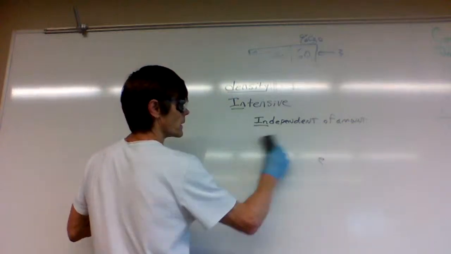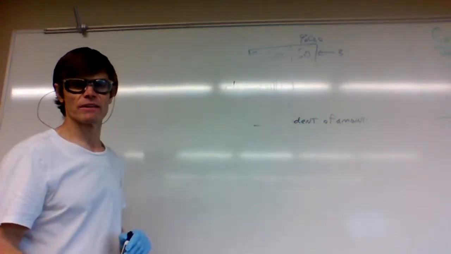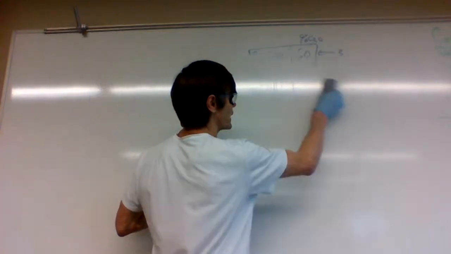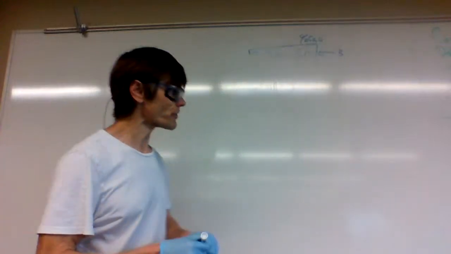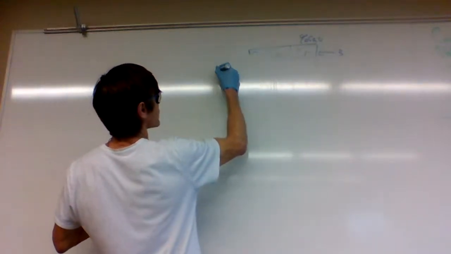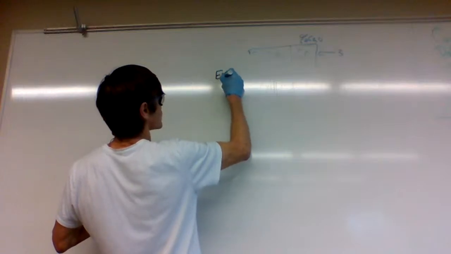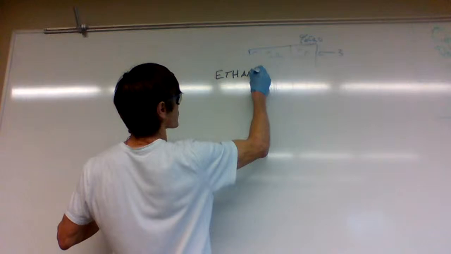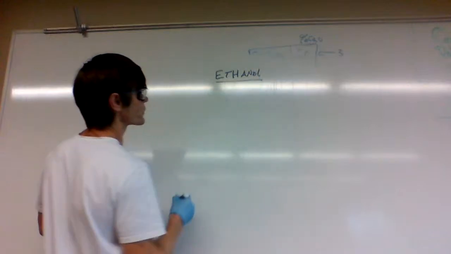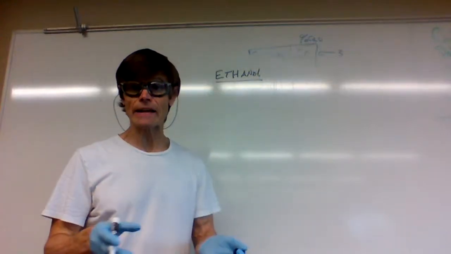So, ethanol. That's a kind of alcohol you drink. Don't go out and buy any if you're under the age of 21. But ethanol, it's ethyl alcohol. Ethanol, it has a well-defined density.